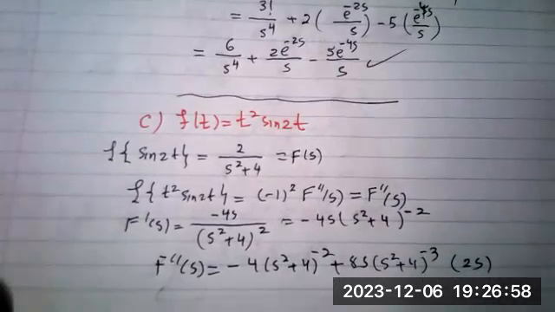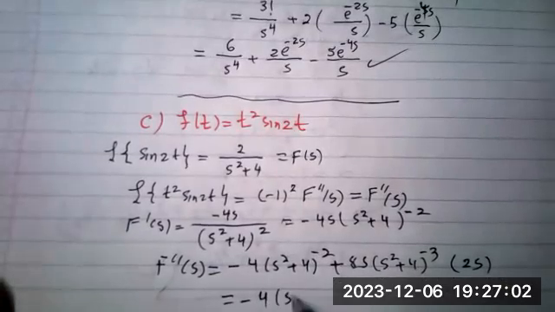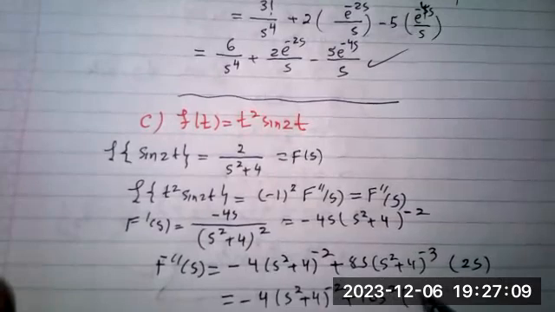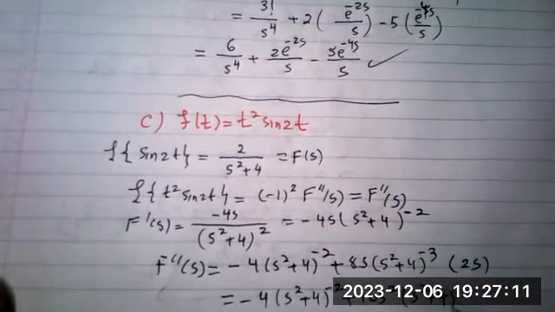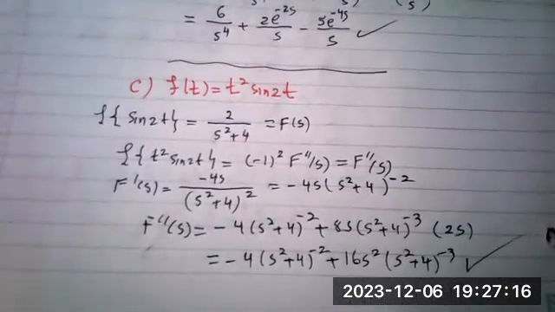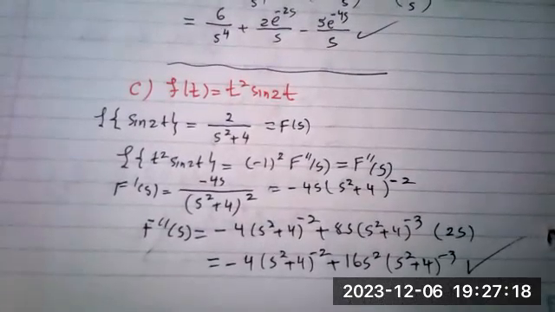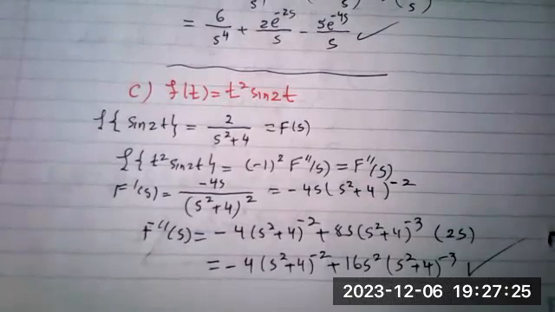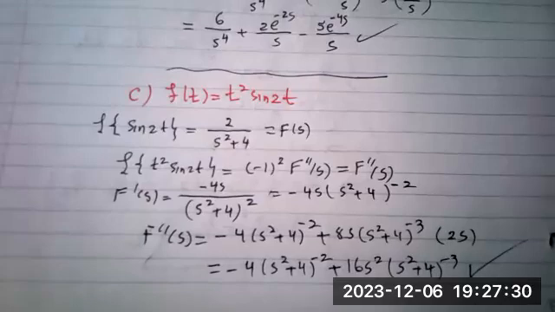Okay, 2s times 8s gives you negative 4 times s squared plus 4 to the negative 2, plus 16 s squared times s squared plus 4, everything to the negative 3, the final answer. You can rewrite it if you like, but you don't have to simplify it. Okay, put them together. It takes time and we are happy about it. So that reminds you that you may have to use this famous theorem for the F prime that we have.